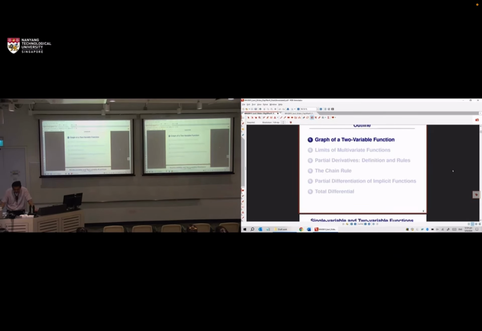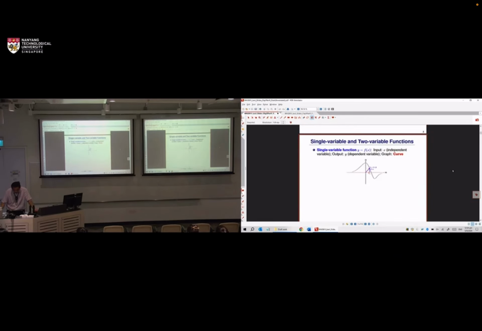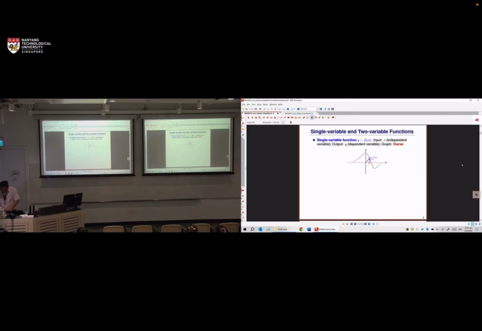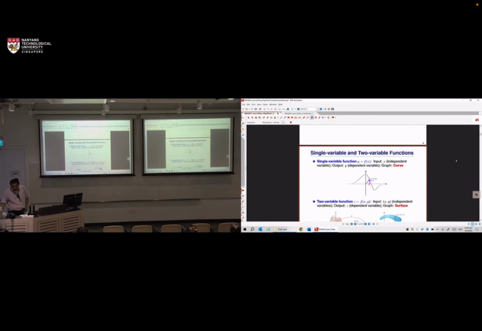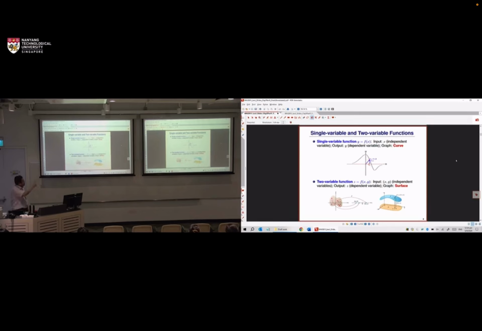Okay, graph of a 2-variable function. So this is the main difference between the current module and your high school or your poly days, or your math 1. You were focusing on single variable.